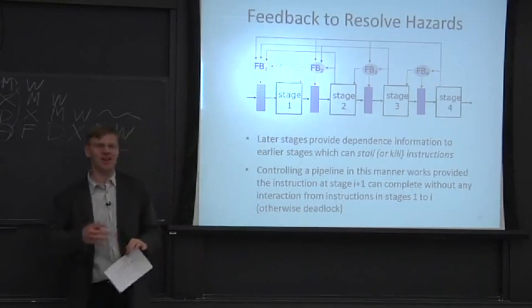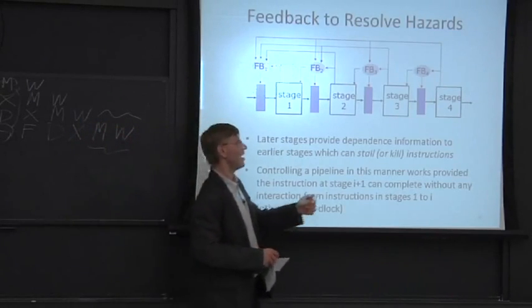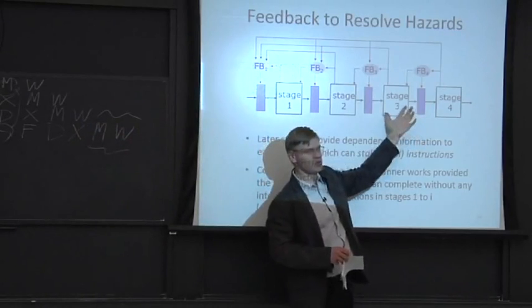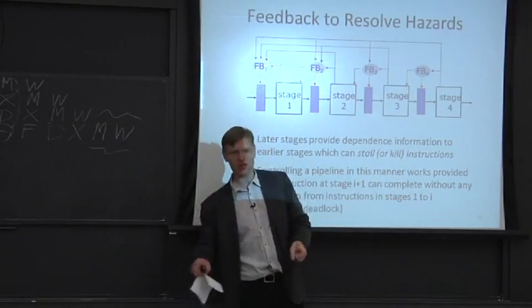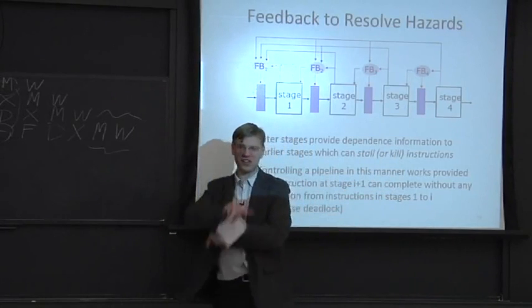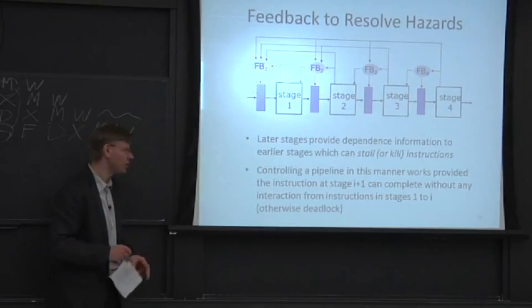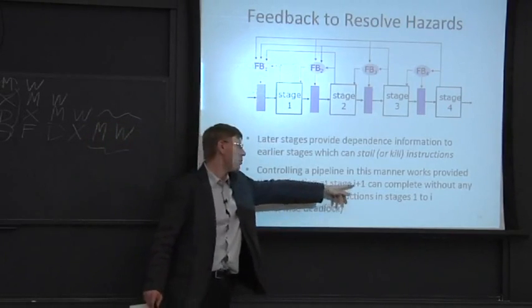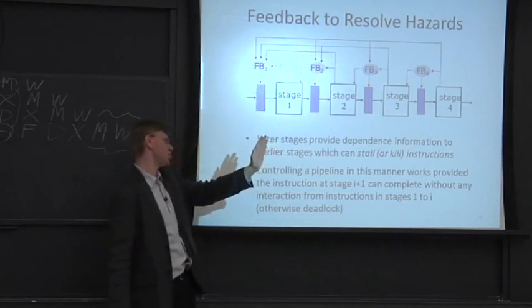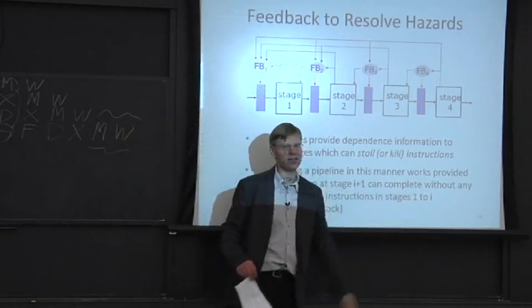If you have an early instruction which is dependent on a later instruction, that resource may never get free because the later instruction might be dependent on the earlier instruction and vice versa. All of a sudden you have a big cycle, everyone's dependent on everyone, and the machine just stops. So it's really important that stage I+1 only feeds information strictly back to stages 1 to I.